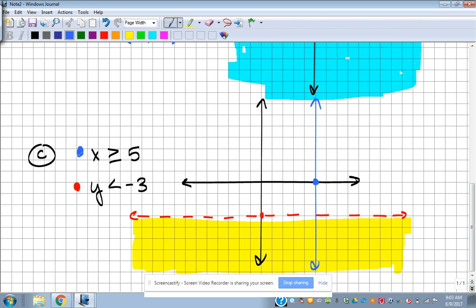So here we have the horizontal line: y and a number is going to be horizontal. x and a number is going to be vertical. And then we need to graph the shading for this. x is greater than 5. So where would greater than 5 be? That way, to the right. So we're going to shade to the right of that vertical line. Screwed that up.